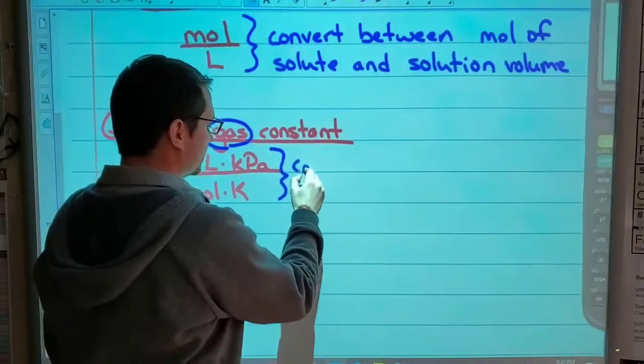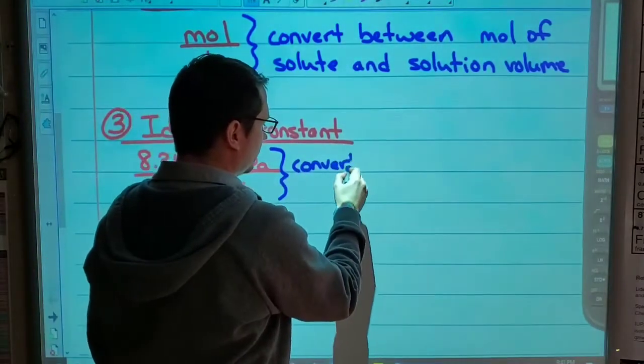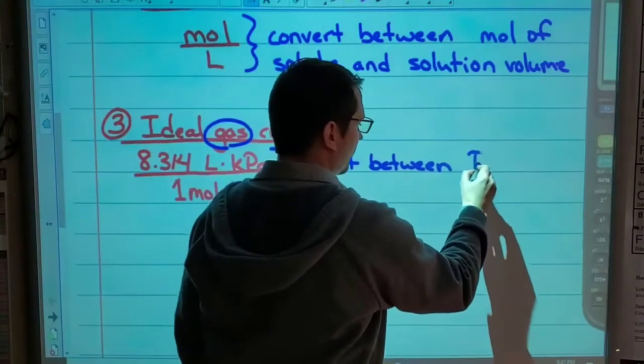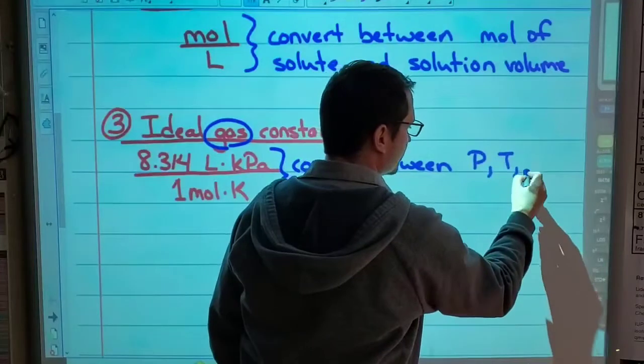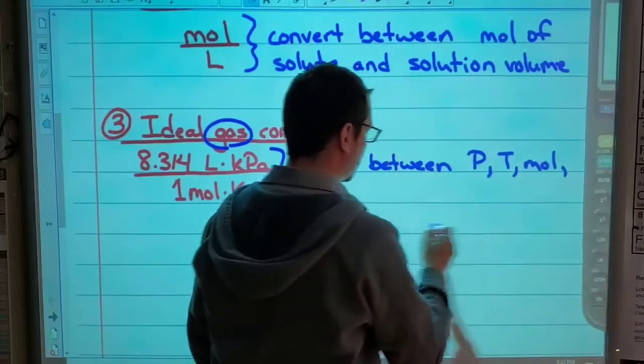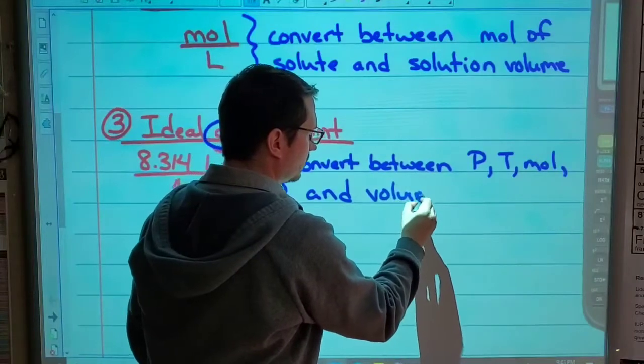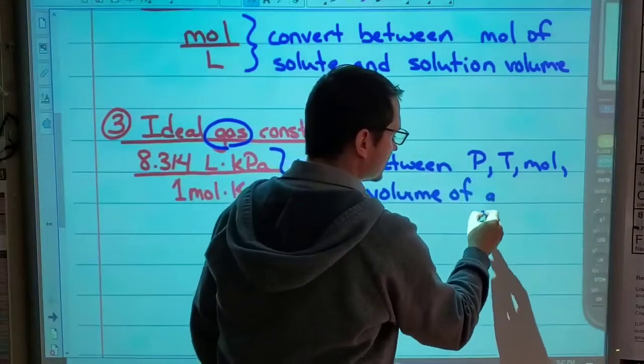So this allows us to convert between pressure, temperature, moles, and volume of a gas.